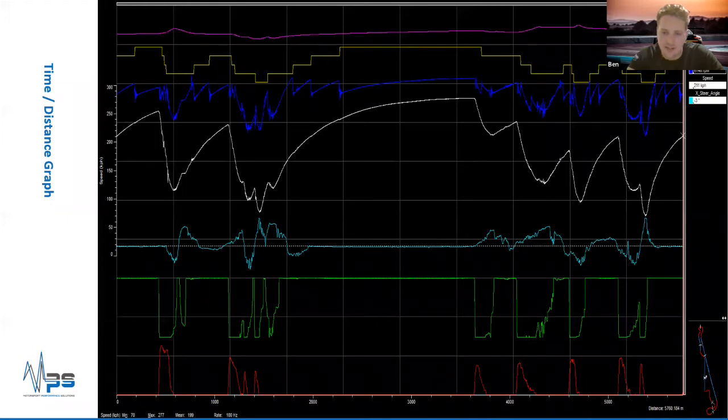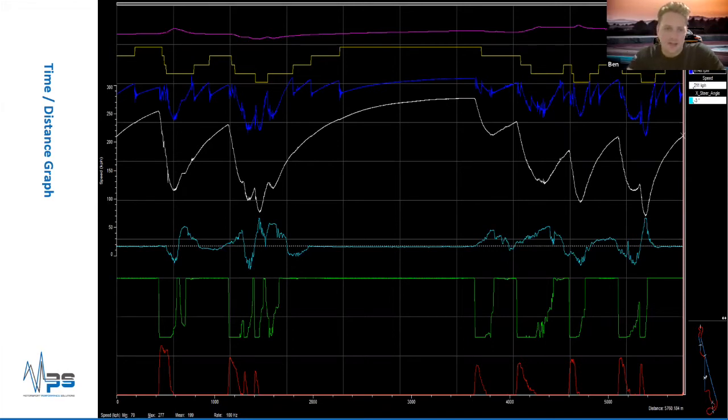So if you see that driver A brakes 15-20 meters before driver B, you know you've got at least a good 2 or 3 car lengths difference in braking point, and you can communicate to the driver that they can brake significantly earlier. If there's only a difference of 2 or 3 meters, I'd be much more cautious about encouraging the driver to brake later, for example.